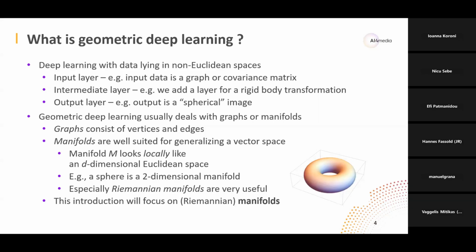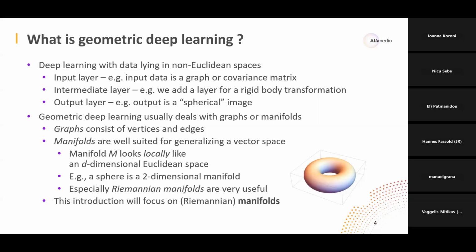So geometric deep learning usually deals either with graphs or manifolds. Graphs, as all of you know, consist of vertices and edges, and manifolds are interesting because they are the natural generalization of a vector space, I would say.